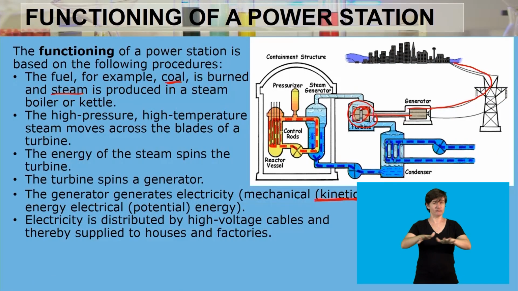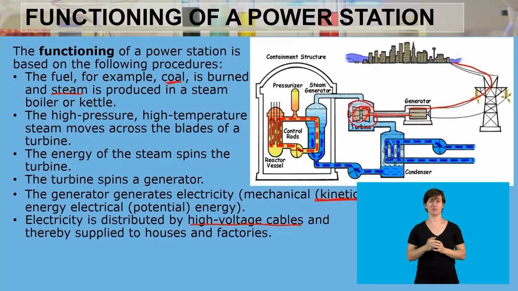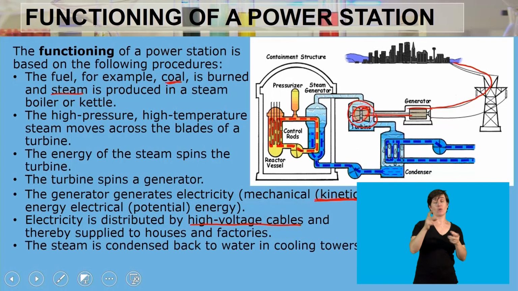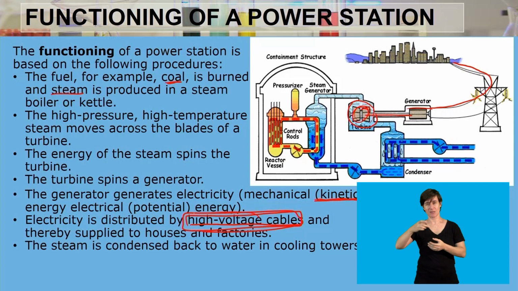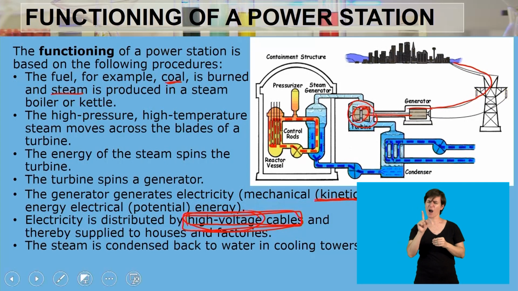This electricity is distributed by high voltage cables, thereby supplying the houses and factories. What's very important to note is that this current is distributed by high voltage cables, so we need to know why we are using high voltage cables.